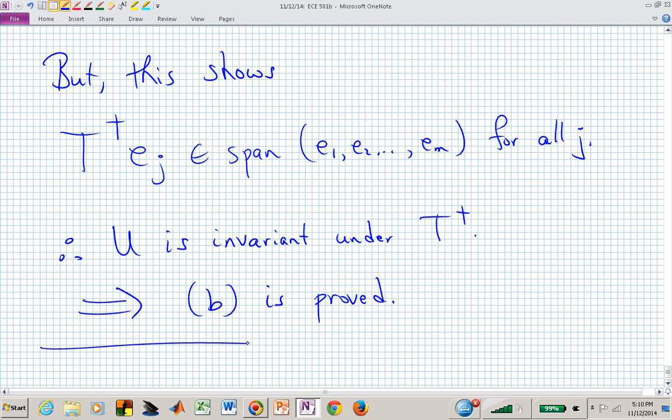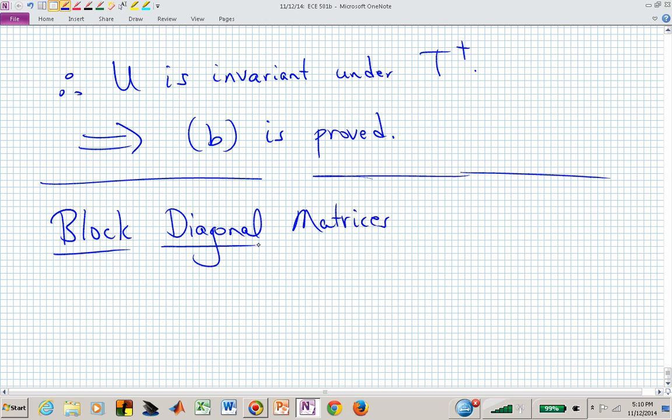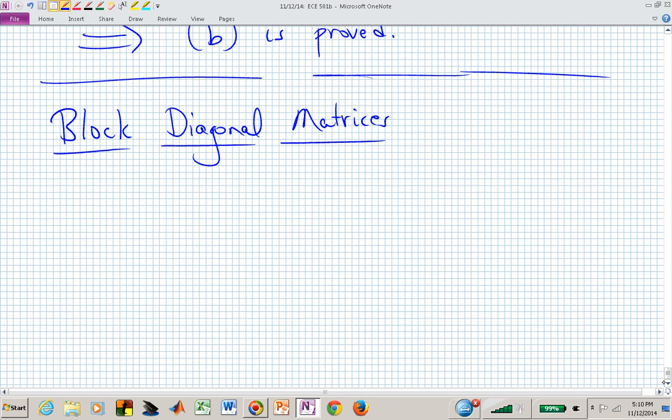Let's now move on from that proposition and just look at some particular concepts dealing with block diagonal matrices, since these we will use in the future.